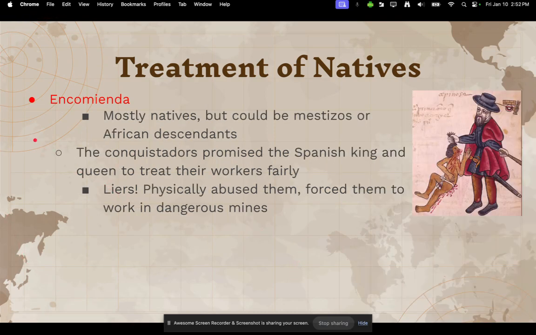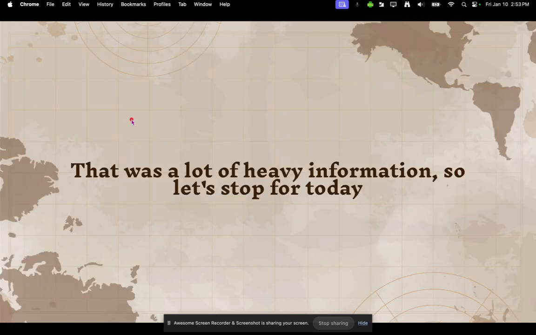So, encomienda, again, mostly native people, but it also could be mestizos or African descents. With the mestizos, sometimes the Spanish conquistadors were even enslaving their own children. And the conquistadors promised the Spanish king and queen to treat their workers very fairly, but they were liars. They physically abused them, and they forced them to work in dangerous mines.